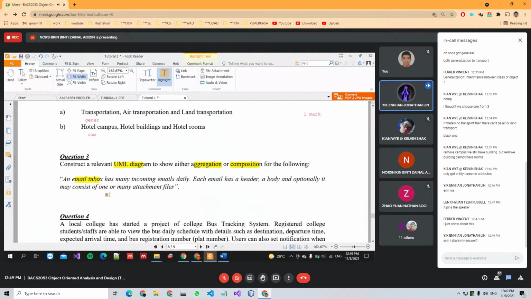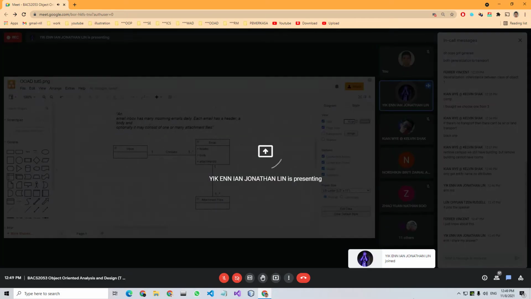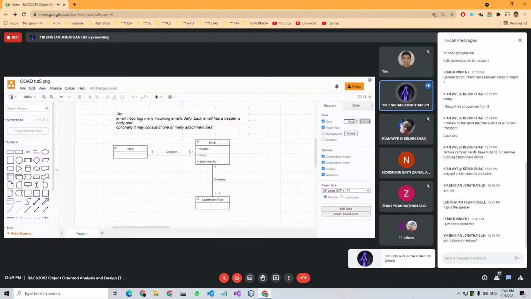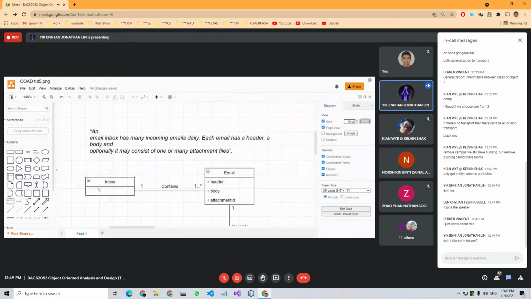Miss, let me present. So my answer, there's not much detail about this, so I just based it on this. An email inbox has many incoming emails daily. So inbox contains many emails, one to many, and then each email has a header, a body, and optionally it may consist of one or many attachment files.